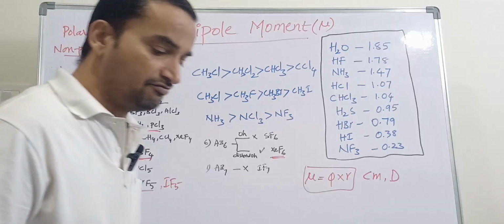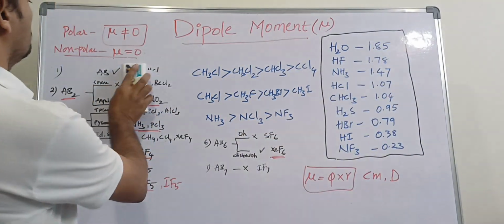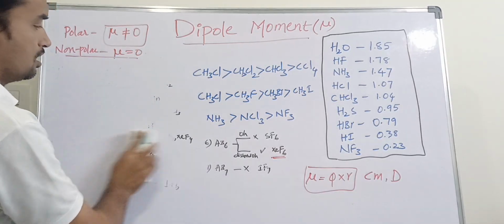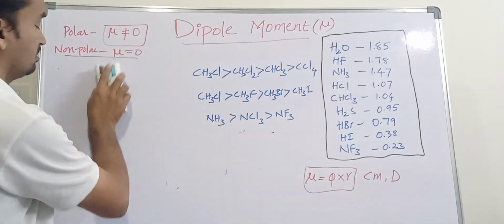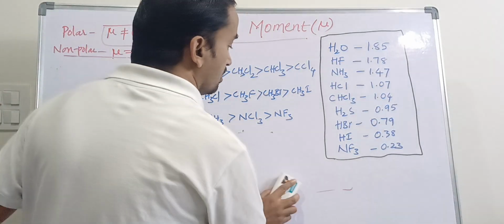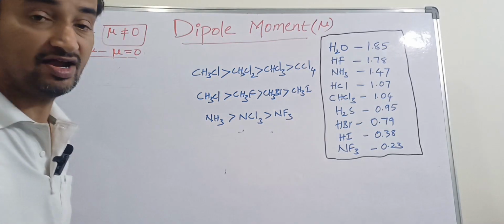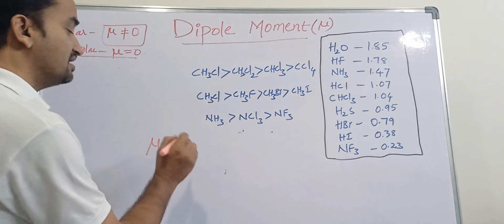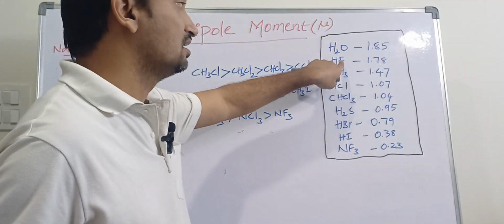Now, the factors affecting dipole moment. Now we are going to discuss the factors affecting dipole moment. So dipole moment mainly depends on two factors. It is directly proportional to electronegativity, you see here some examples.